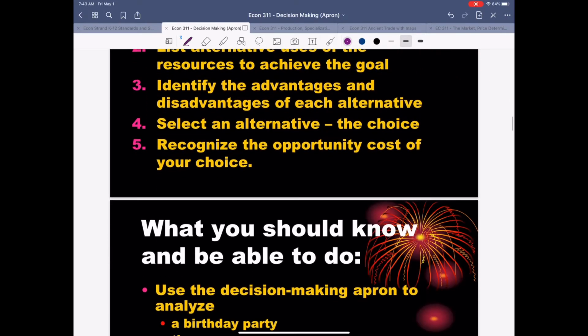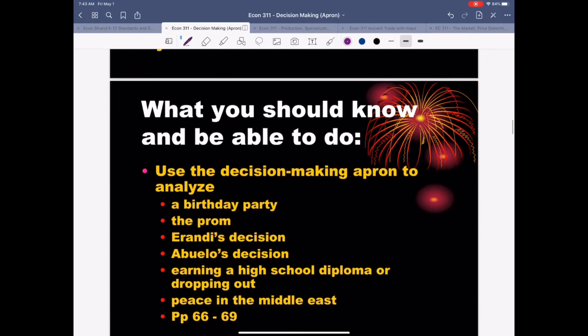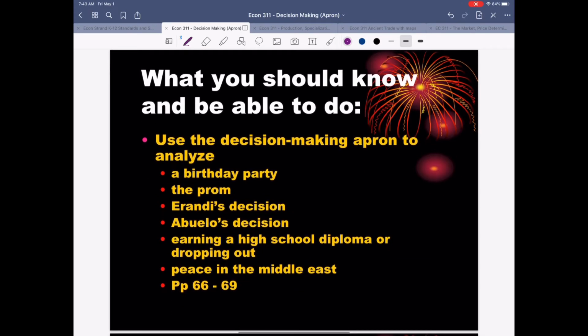So to go through this again, we can use the tool of a decision-making apron. And I showed you the apron in a previous lesson and said this is our decision-making process. The apron itself, or a paper version of it, a grid, can be used to evaluate any decision ever.